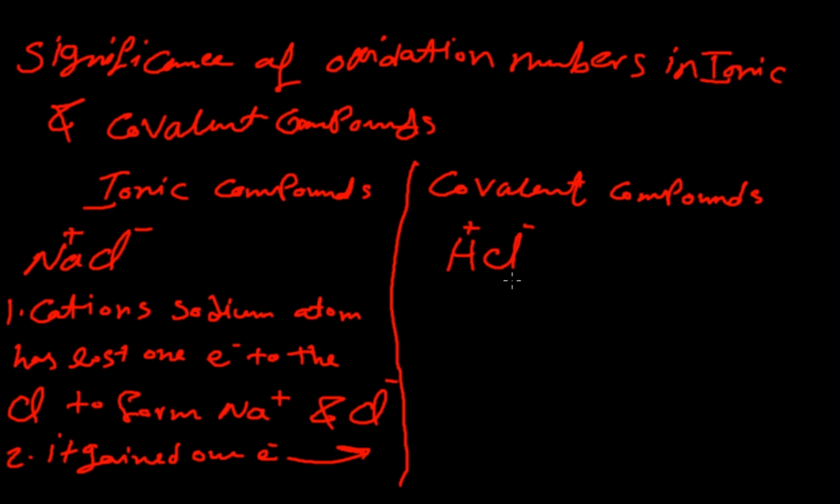For the covalent compounds such as HCl or hydrochloric acid, the type of bond here is covalent bond because it's formed between two nonmetals, the hydrogen nonmetal and the chlorine nonmetal.